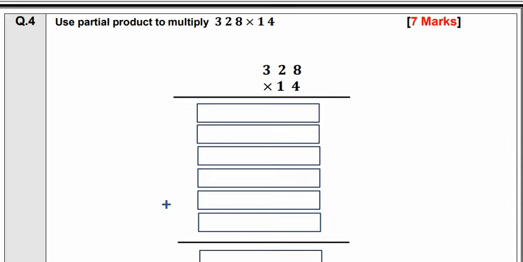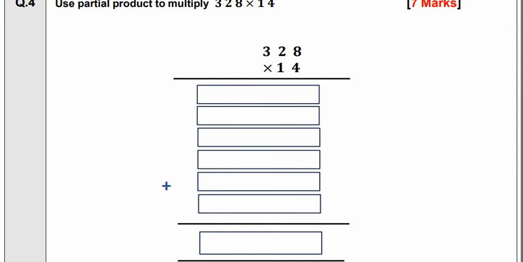Now next question says, use the partial products. Now this is easy. This is 300, this is 20, and this is 8. That's how you read it. 328. Next, you have 10 plus 4.